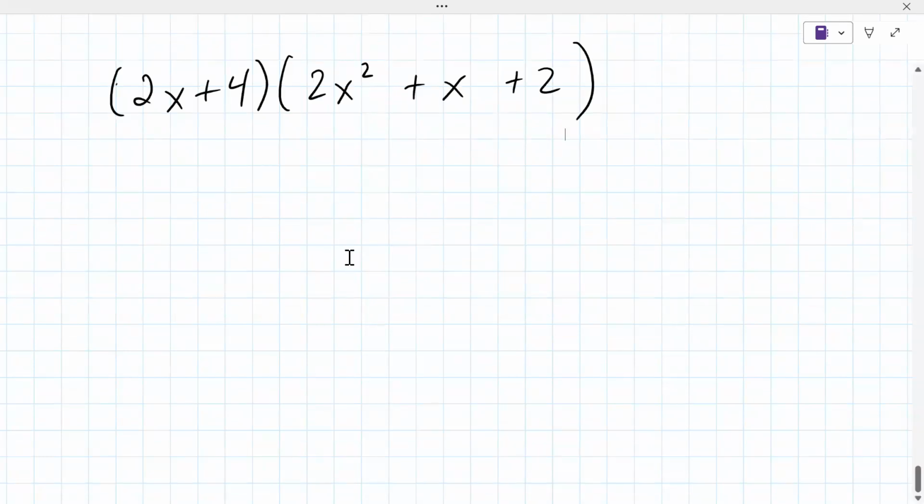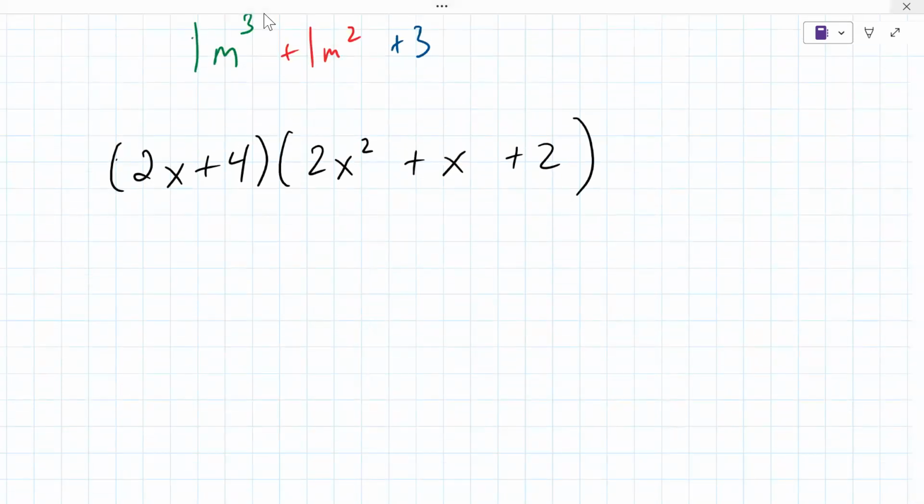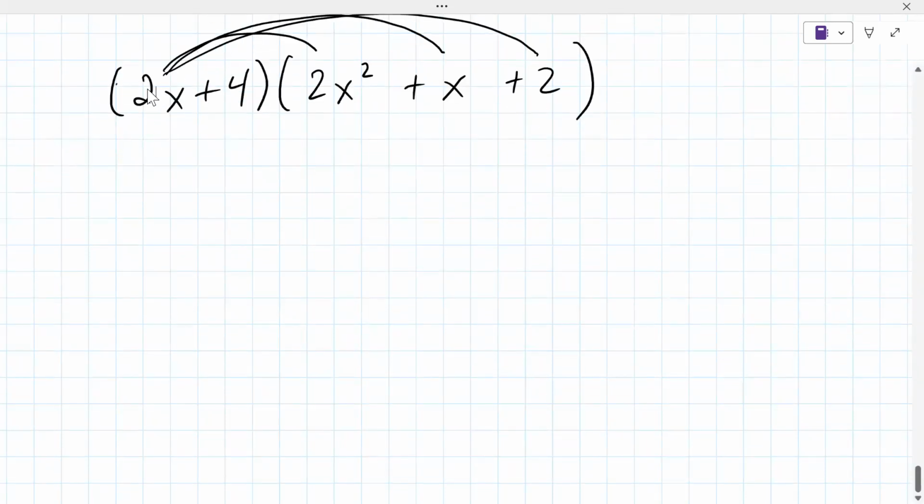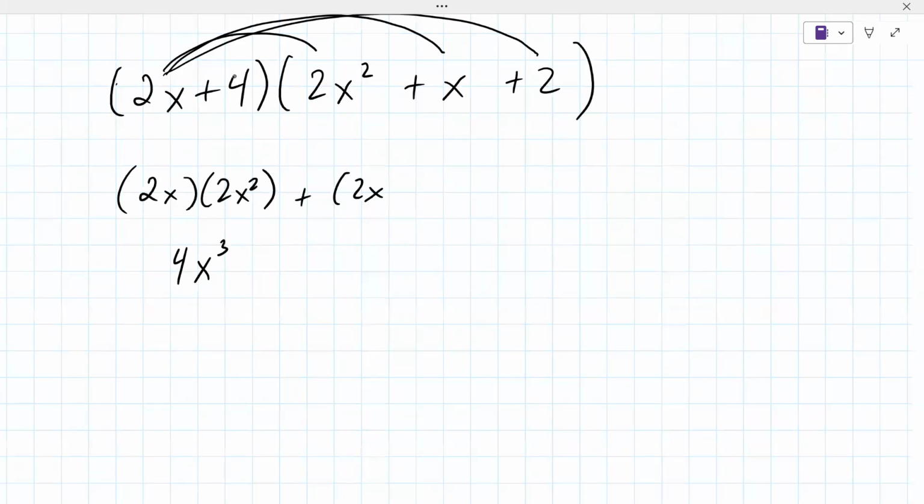This is very similar to something we were doing earlier. You're going to take this 2x and multiply it by the 2x squared, the x, and then the 2. So 2x times the 2x squared. What is 2x times 2x squared? What does that become? 4x cubed. Good. And then it's 2x times x.